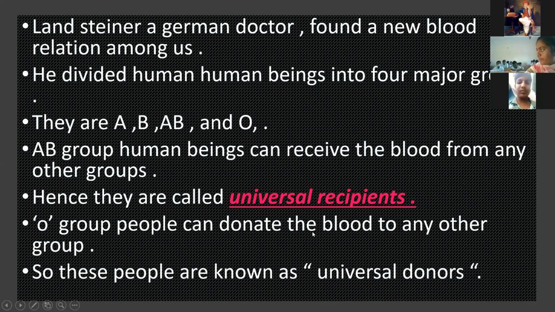That's why they are called universal donors. O positive blood group persons receive only O positive blood. We don't receive A group, B group, or AB group.